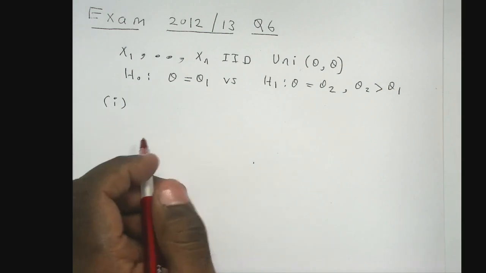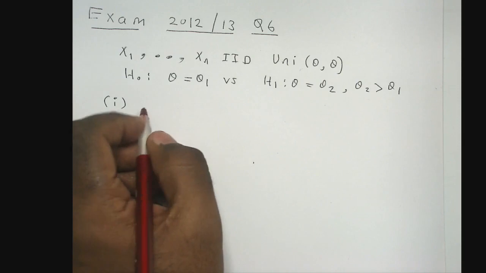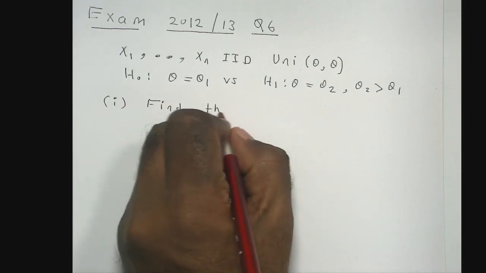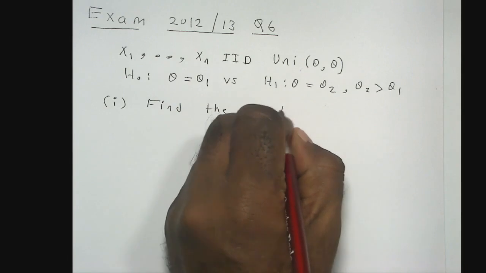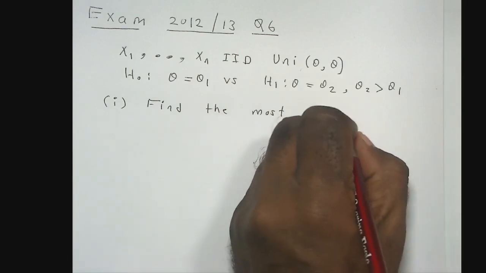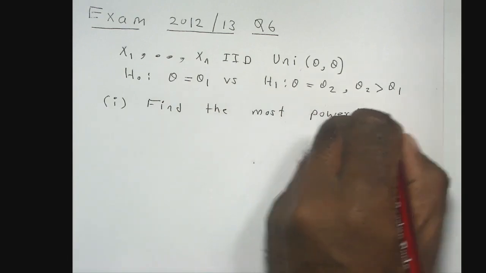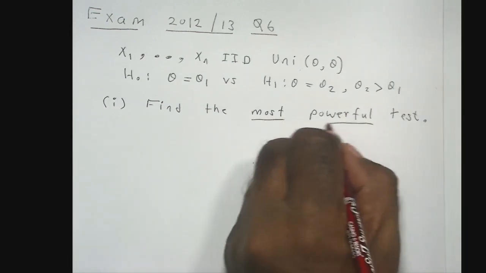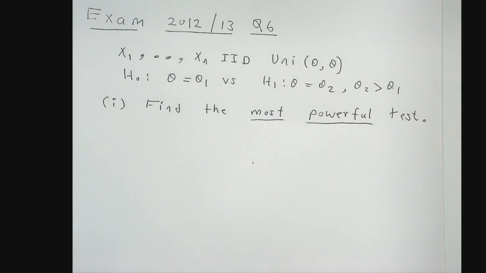Part A is to find the most powerful test. Remember, whenever you see these two words together, most powerful, it means that a test obtained using the NP lemma, or the Neyman-Pearson lemma, is always most powerful.